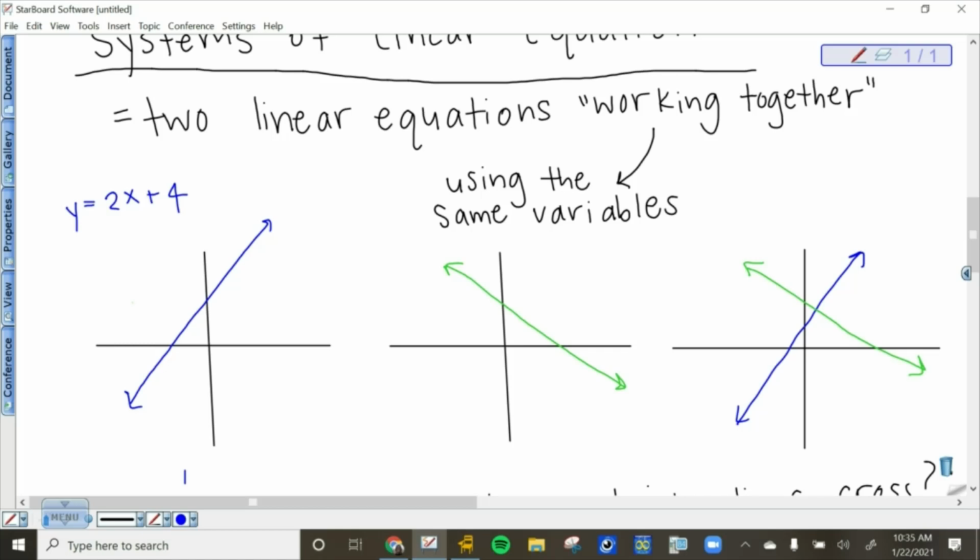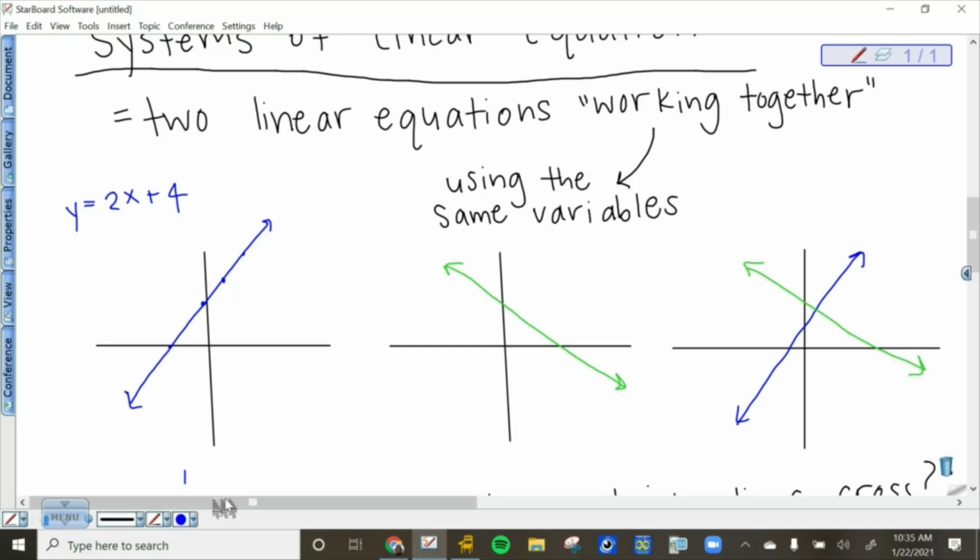Every single point on this line is an ordered pair, with an x coordinate and a y coordinate, and every single point on this line is going to make this equation true.